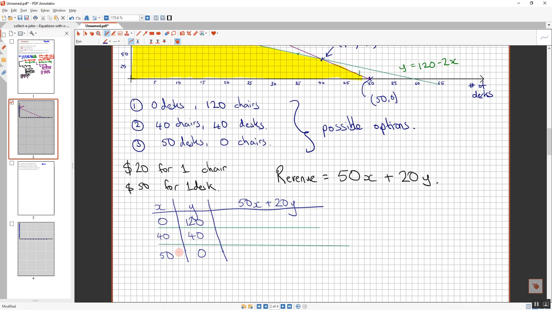I'm putting these values for x and y, option 1, option 2, option 3, into my equation.